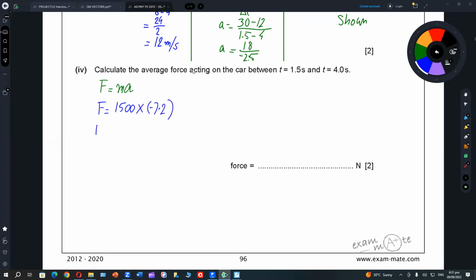If you do not put negative here, it is fine, because it's asking for average force. But if you keep negative, it's also fine. Now get the answer, please, and let me know.